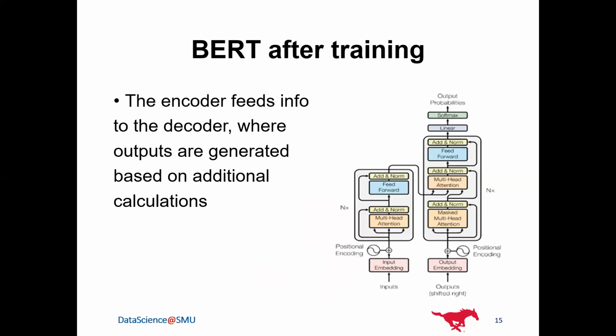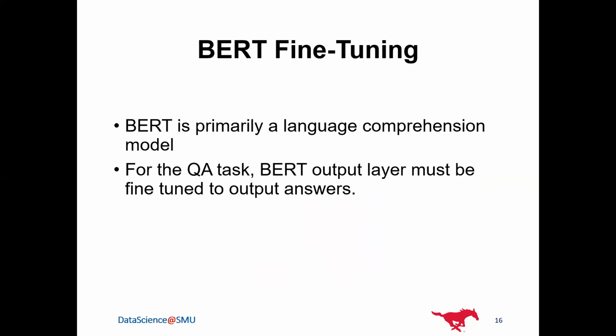After the context is calculated, the information flows to the decoder where outputs are generated based on the existing calculations. So BERT is primarily a language comprehension model.